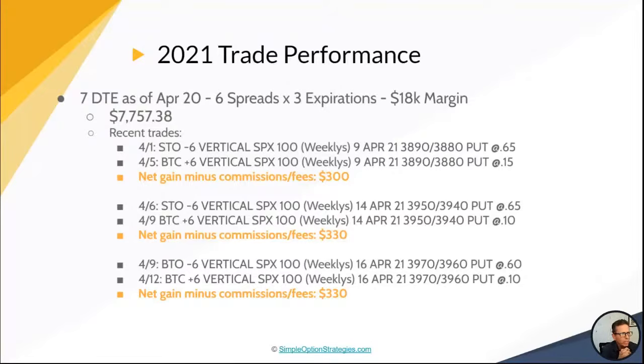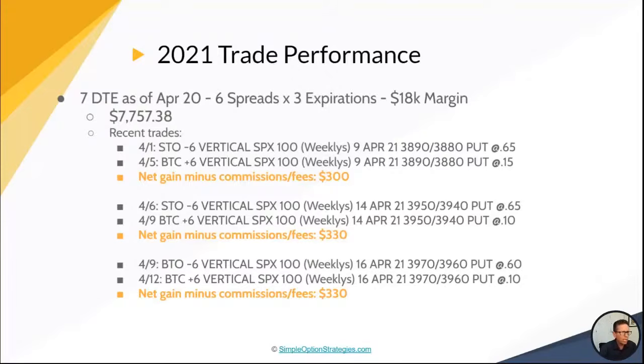And I use 6 contracts because it's based on my capital. So based on my capital, I have rules for how many contracts I do. For every $10,000, you want to put on 1 contract for the monthly, 1 contract for 0 DTE, and 3 contracts for 7 DTE, but in varying expirations. 1 contract on 1 expiration, 1 contract on another, 1 contract on another.